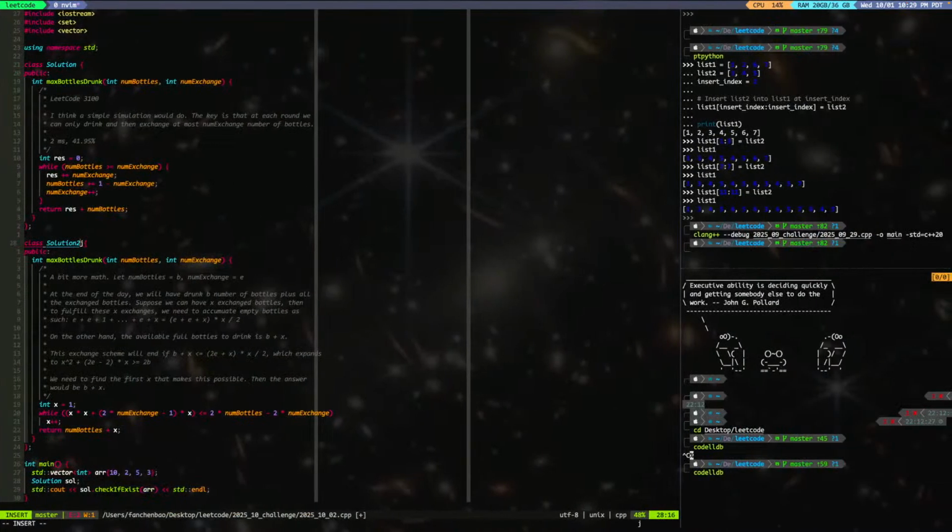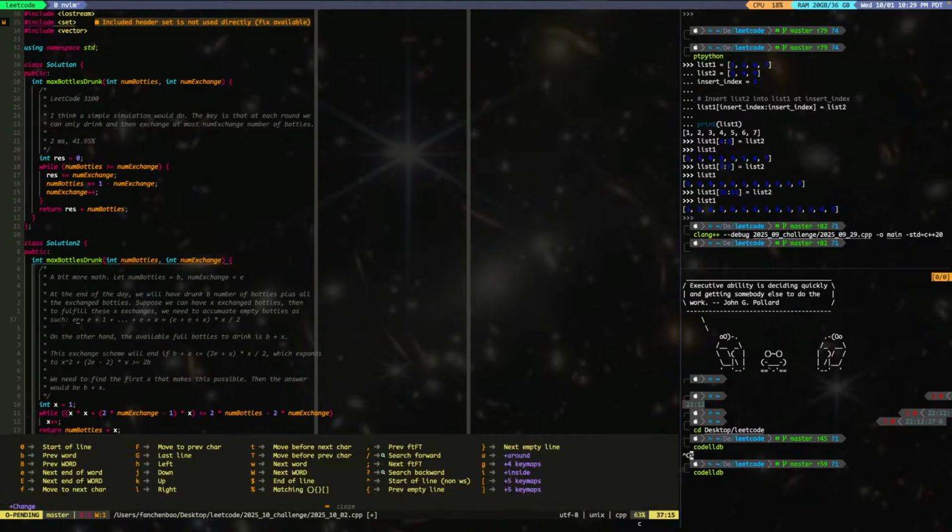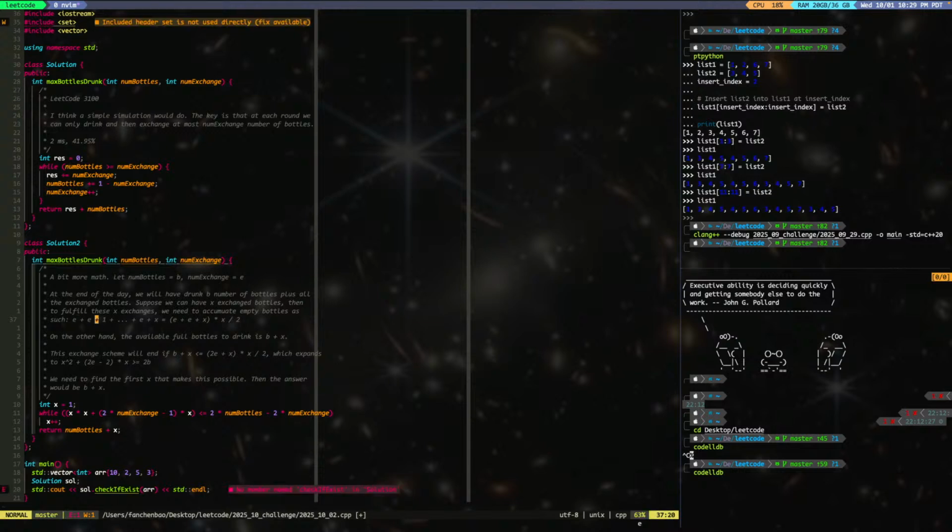Nah, I think iterate will work. Smaller than. Not x plus b.